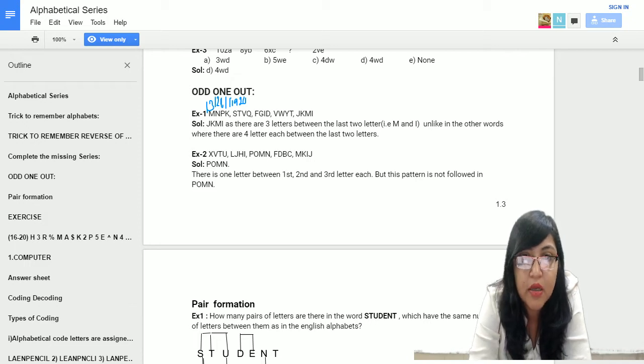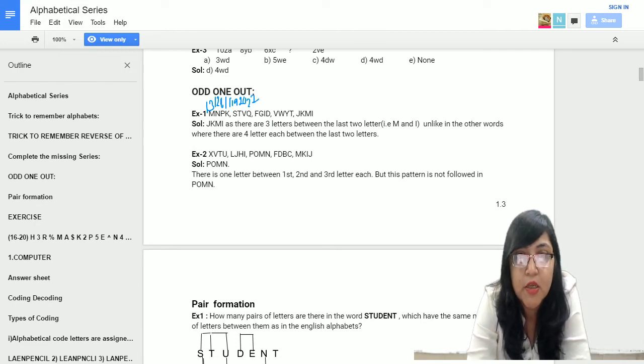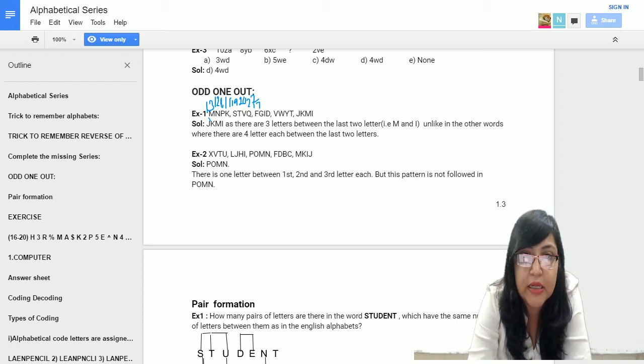Next V is, but we are not getting a pattern over here because this is -1 and this is +1. Okay, so let's go to the third element. V is also 22. So we are not getting a correct pattern from these terms. Let's say Q is 17. If you see M and K, what is the difference between 13 and 11?